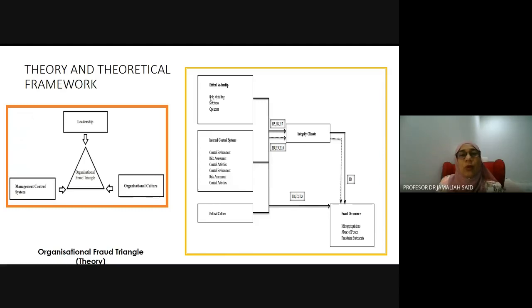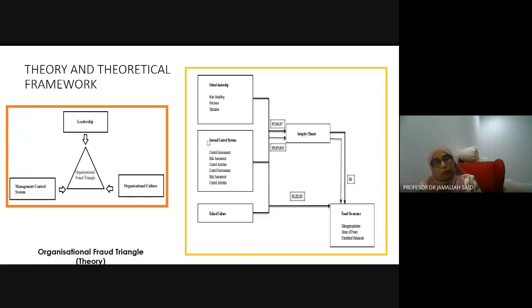So the student needs to find how to measure ethical leadership. Internal control system also is not defined. They say management control system. So the student is looking at one aspect of the management control system, that is the internal control system, because management control system is a huge area. I don't think the student can do it.